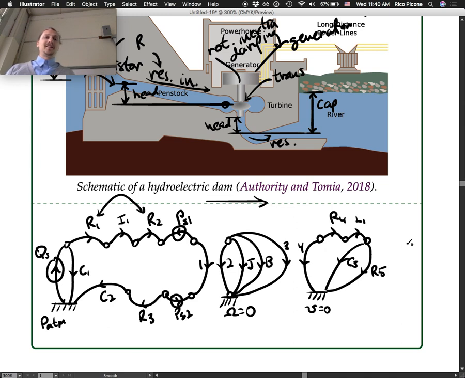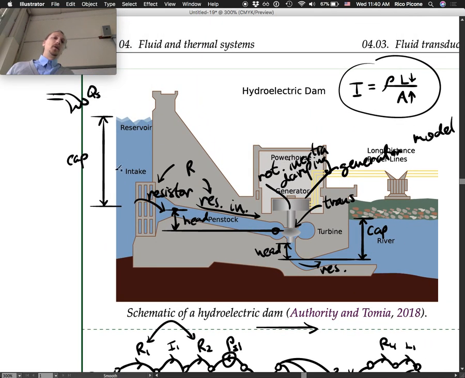Okay? Now, it's a pretty complicated model, but I claim that for you guys this is no harder than a second order system. It's just more of the same stuff. If you had only the reservoir and the drop in the river, just the fluid side, it wouldn't have been that hard.